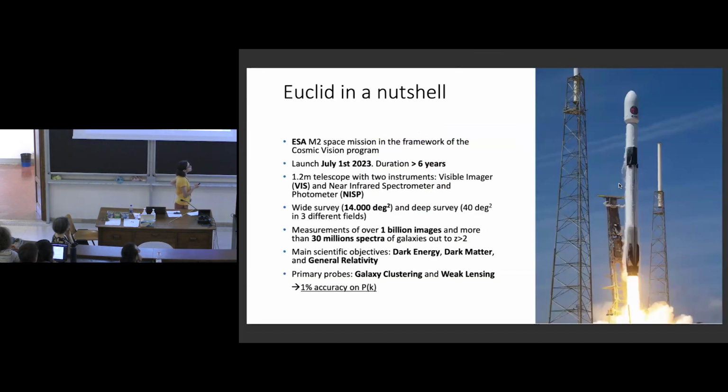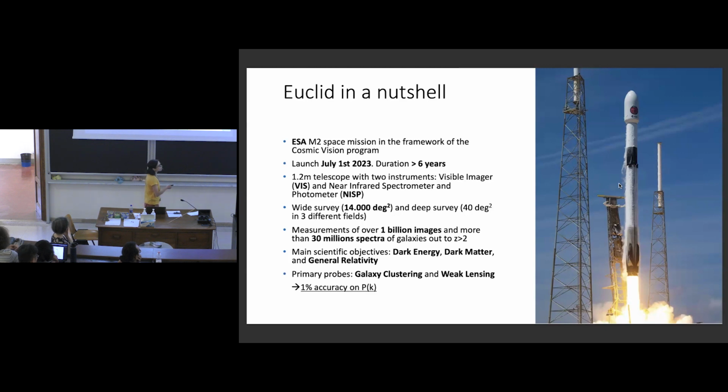Euclid is a mission of the European Space Agency. The launch was exactly 1 year ago. The duration is more than 6 years. Euclid has on board both a visible imager and a near-infrared spectrometer and photometer. So Euclid can do both photometry, imaging, and spectroscopy.